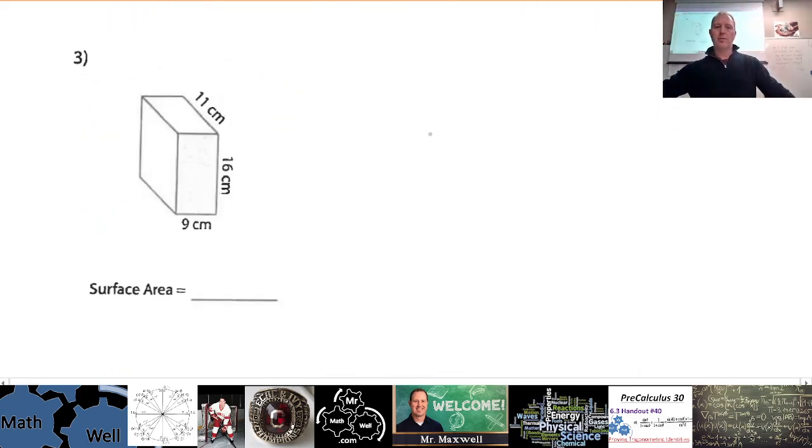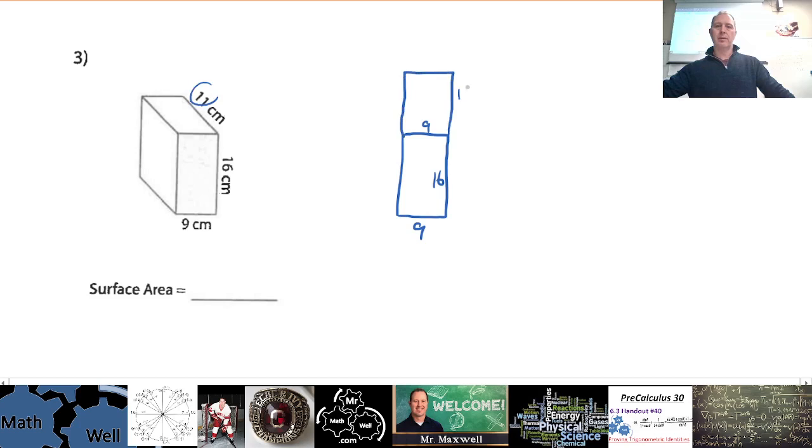Okay, so number 3, I'm going to draw the net diagram kind of to scale. So the front face is going to look similar to the front face there. That's going to be 9 and 16. The top is going to be, of course, 9 by 11. So we'll go straight up there. That's going to be 11. The bottom side is also going to be 9 by 11.